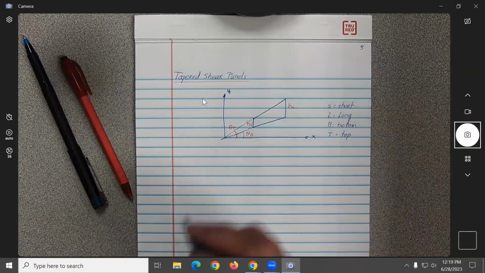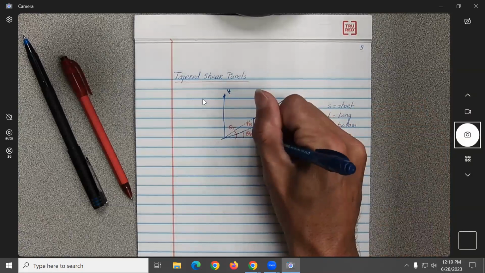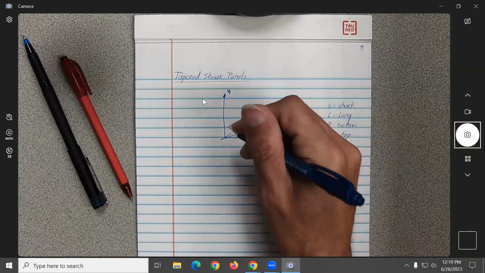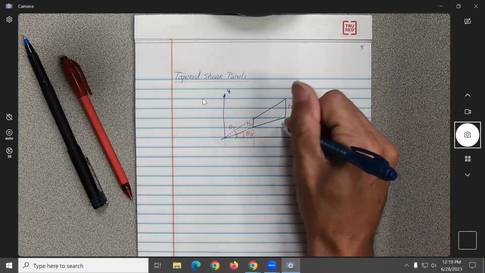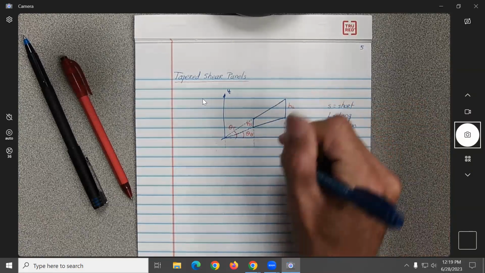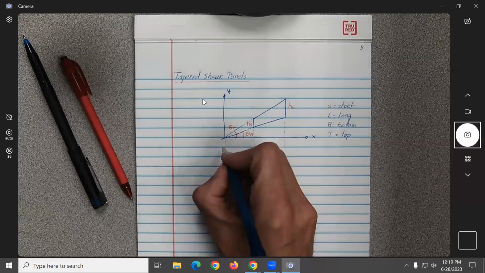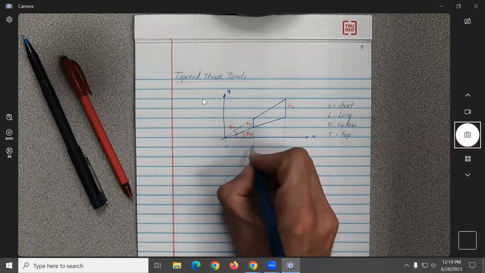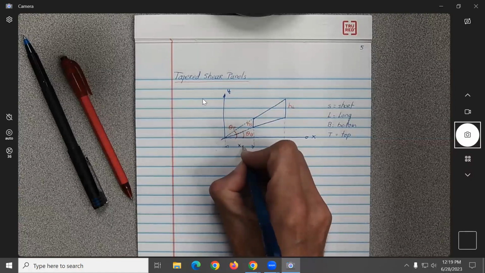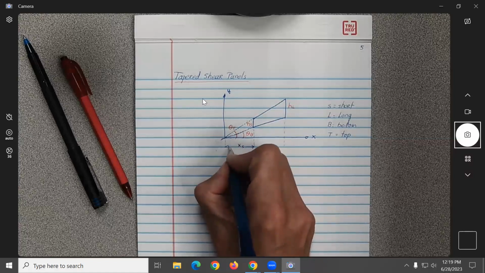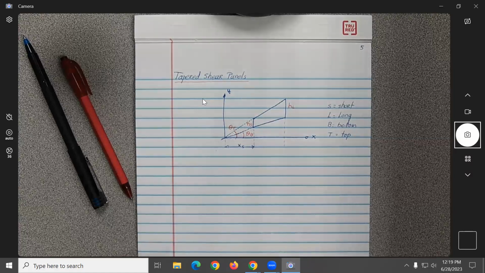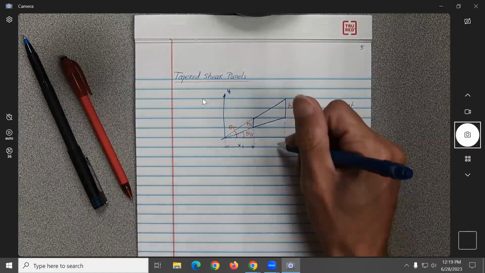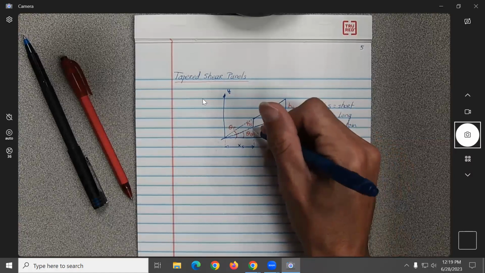Okay, what else do we need? So let's see. All right, so that distance will be X short. So this will be the location of the short panel. Okay, the vertical short panel will be at X short.